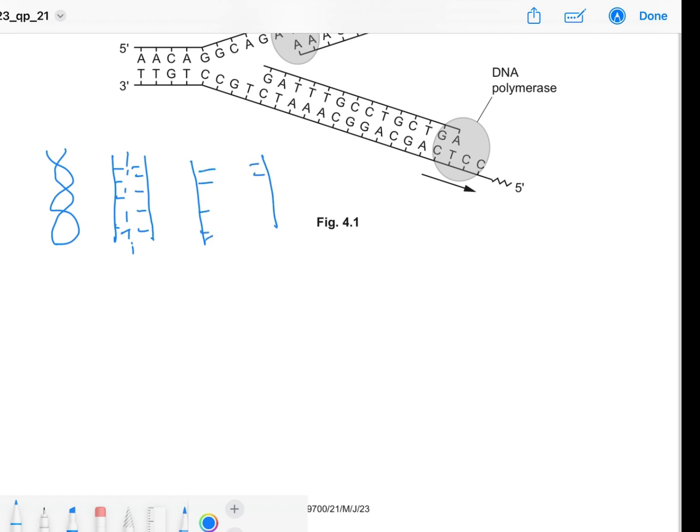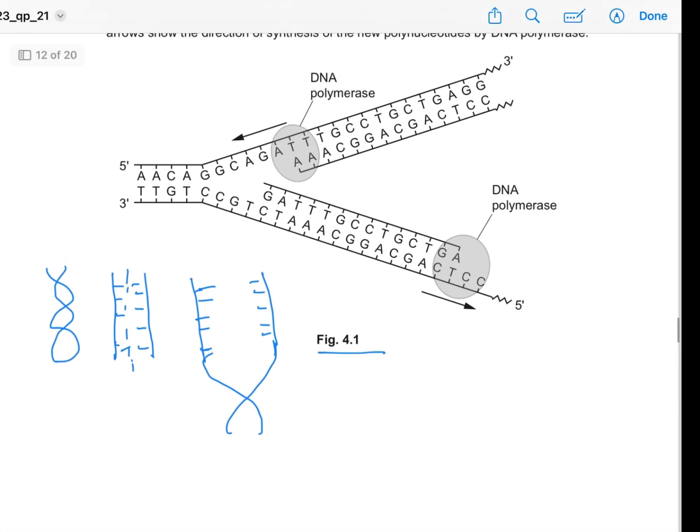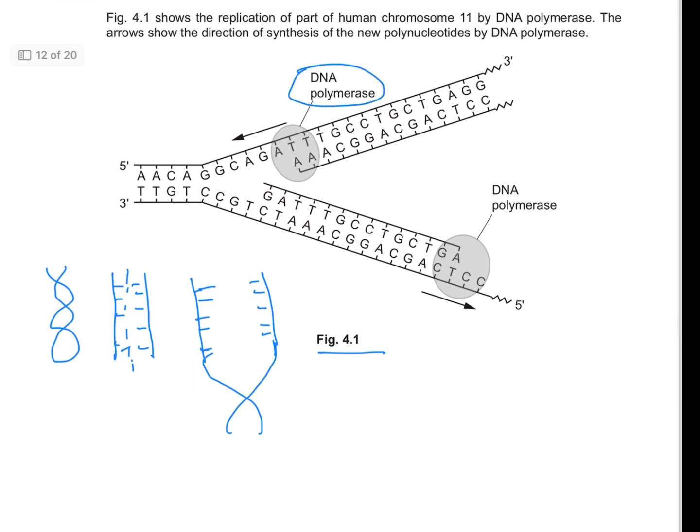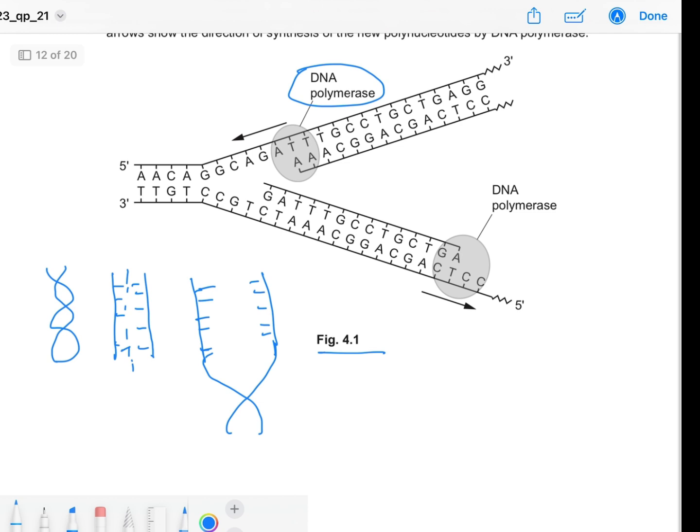Now the entire DNA molecule does not undergo this process at the same time. A part of the DNA would still be in the double helix form, and that's what's shown over here in figure 4.1. You can see the DNA polymerase enzyme builds the new strand from 5' to 3' direction.